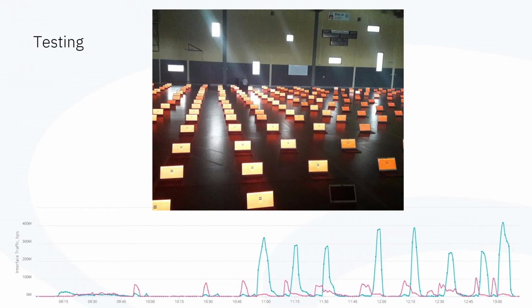But what you notice, first of all, in this picture is that all the devices, all the Chromebooks, are at ground level. That's okay. It's a lot of Chromebooks. But what you also see, which is the most interesting part, is the diagram at the bottom, which is the bandwidth measurement done at the aggregate switch level.